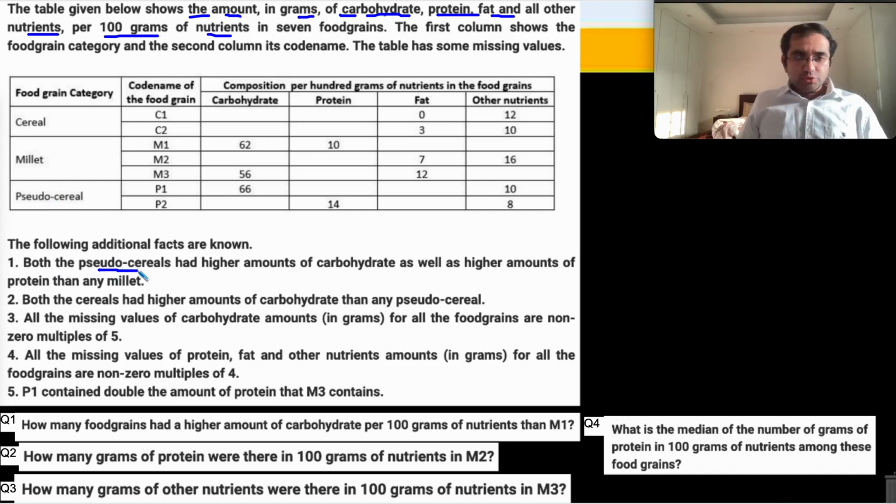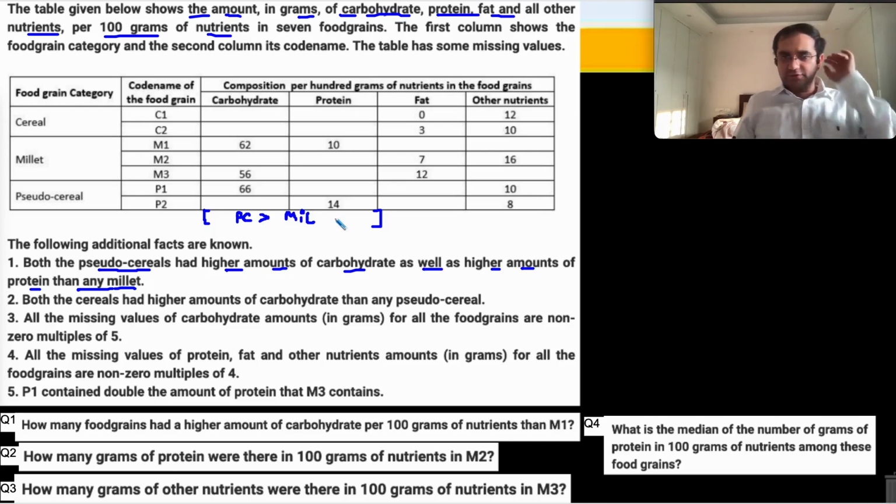Both pseudo cereals had higher amounts of carbohydrate as well as higher amounts of protein than any millet. So in the case of carbohydrate and protein, the pseudo cereals are greater than the millet values.